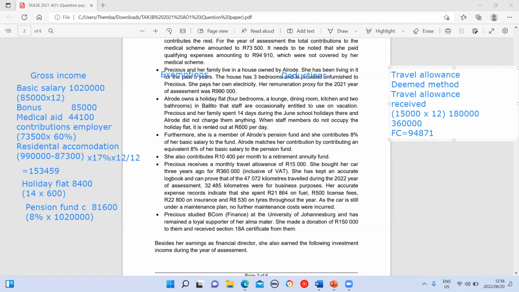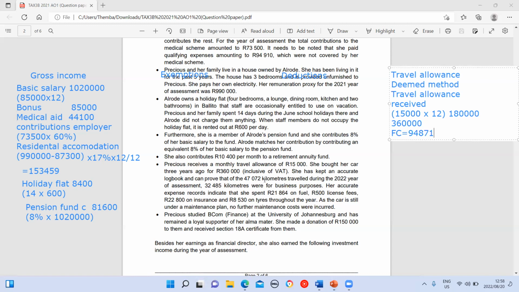Now remember that it is fixed cost per kilometer, but which kilometers do you use? Yes, you are right. You use total kilometers because we are still going to apportion it according to the business kilometers. You will still multiply it by the business kilometers traveled, as I said in the slides.